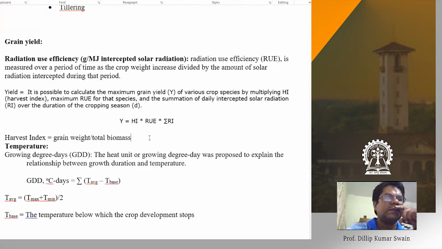Sir, I was asking how it would change. I think that if the angle is 30 degree or 40 degree, then the radiation received by the leaves would be less, right? Yes.